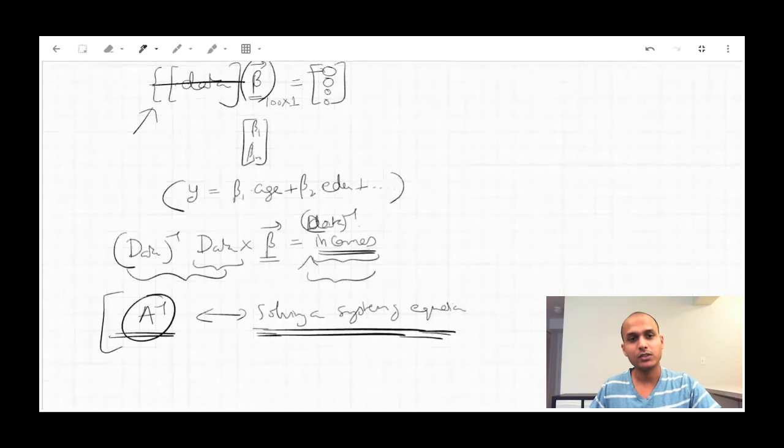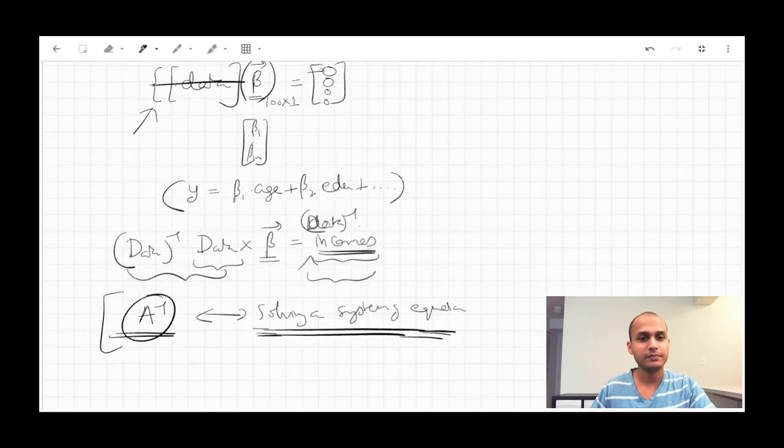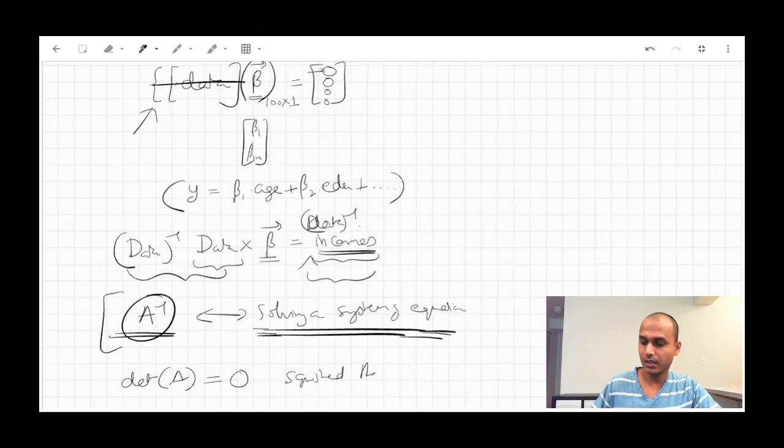So let's get back to this notion of system of equations. We said when the determinant of A is not 0, then something happens. What if the determinant of A is 0? Remember from the last video, when the determinant of A is 0, that means that we have squished the input space.